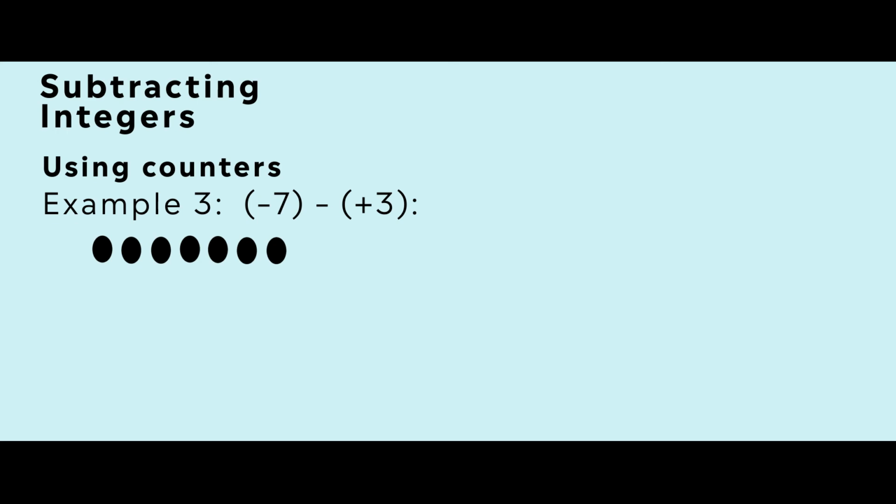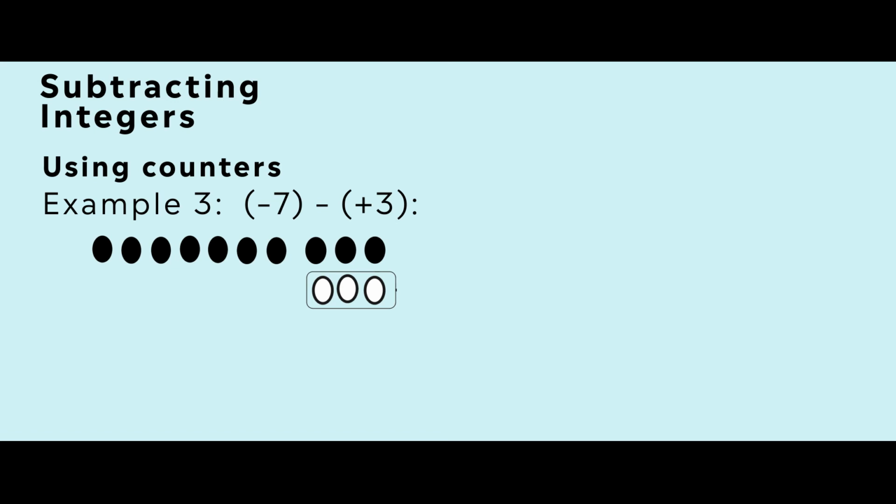Now from 7 black counters or negative 7, you have to take away positive 3, which is not possible right now. To make it possible, here you have to apply the zero property by adding 3 more black counters and 3 white counters. Okay, 3 black counters and 3 white counters.